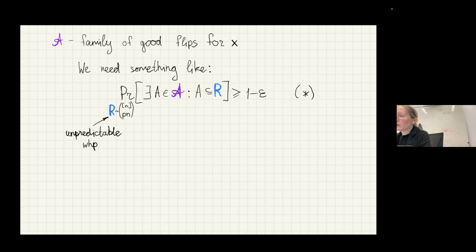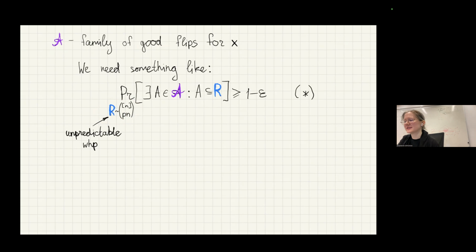I want to be able to find a good flip inside the unpredictable set. So I know that for most X's, most choices of blocks of bits are unpredictable. So maybe let me just sample the block uniformly at random of some size. Here I have some parameter P, which will be so that the size of the block is n to the 1/3 eventually.